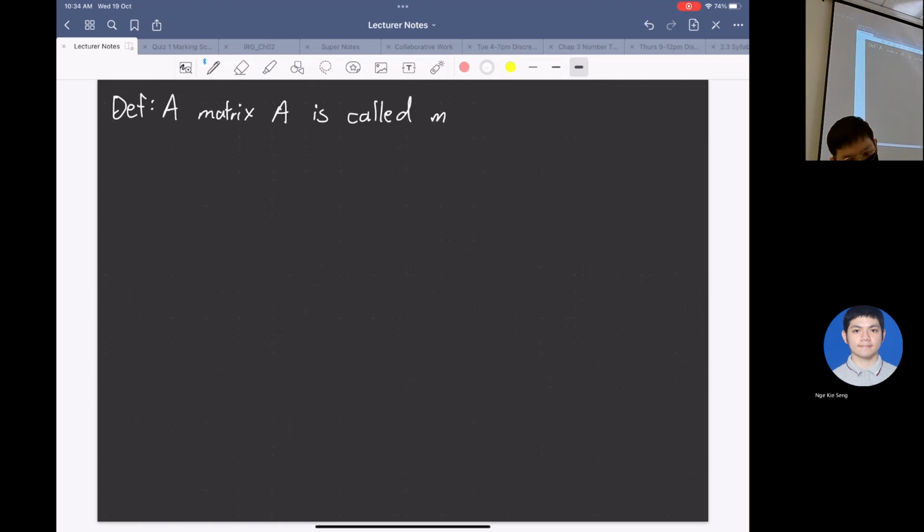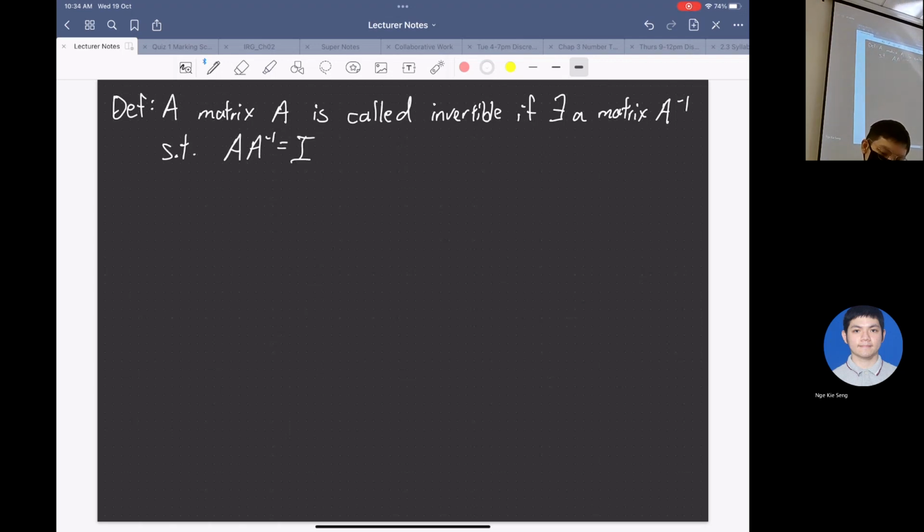If we can find an inverse matrix, such that it is the left inverse of A and also the right inverse of A. So if you have another matrix, you multiply together, you get the identity, then this is invertible.